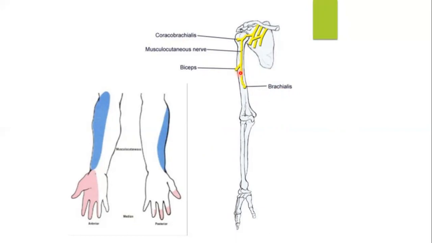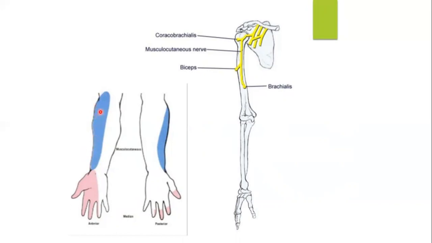Then also, a branch known as the lateral cutaneous nerve of the forearm arises, and this supplies the lateral part of the skin of the forearm. As the name indicates, the lateral cutaneous nerve of the forearm is the nerve dedicated for the sensory supply of the lateral part of the forearm.